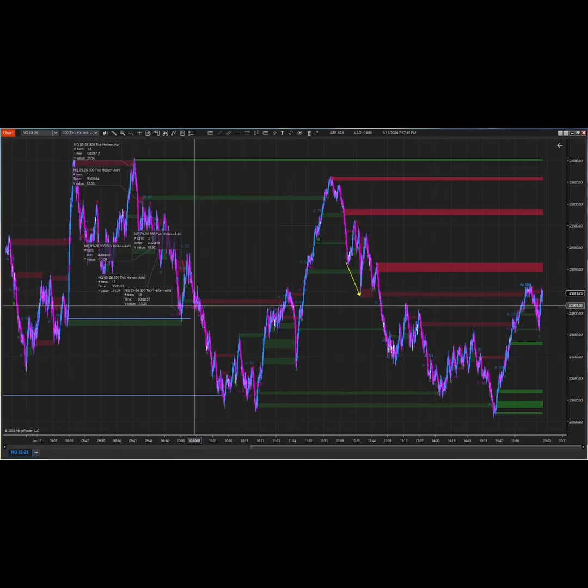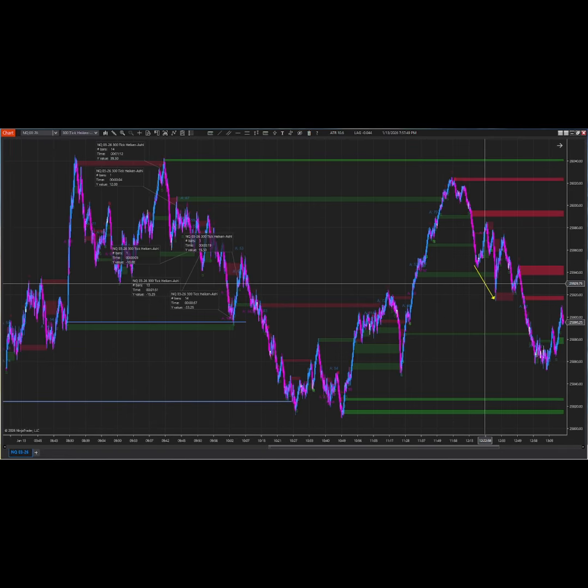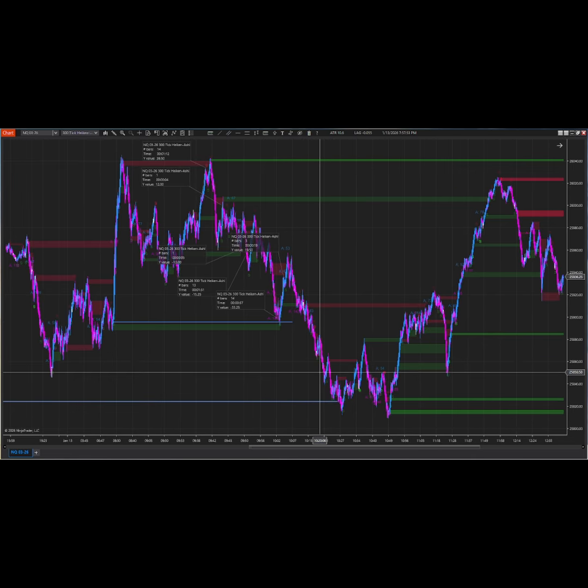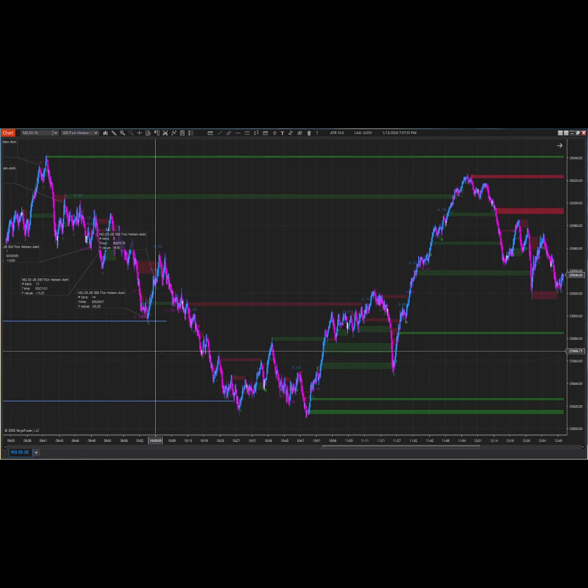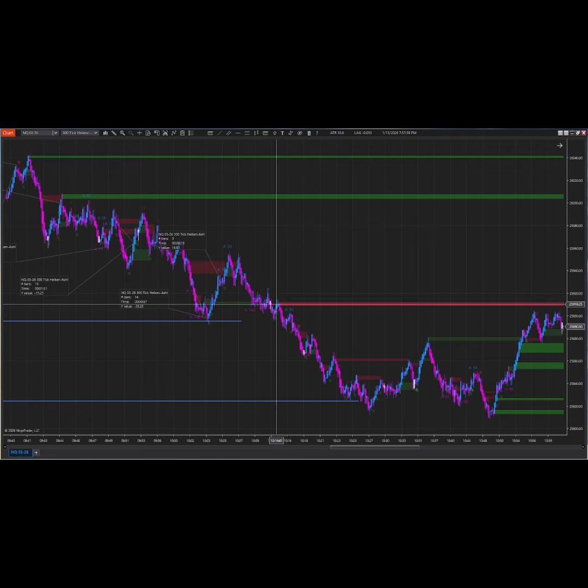Okay. So now here we have a zone below, and we had a red print. Red prints, we get it.